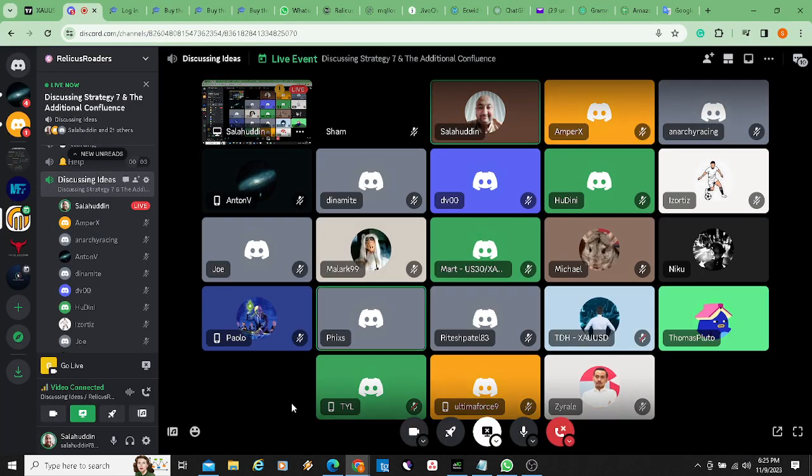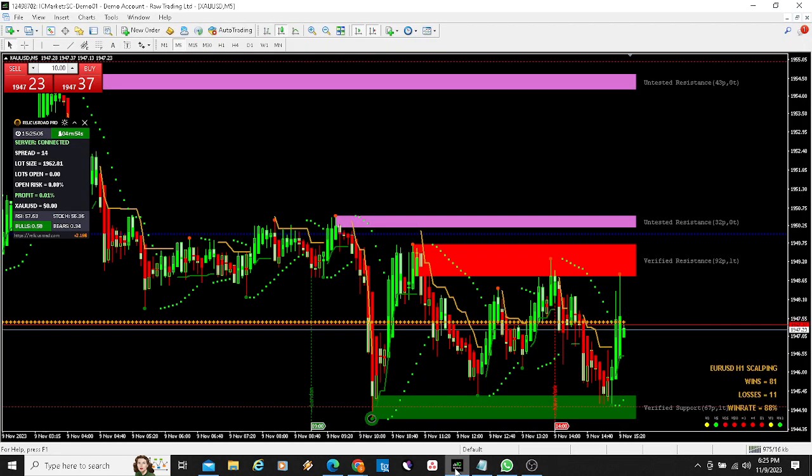Guys, I think we have some MT5 problem for the signal line if we are using the parabolic SAR, because my line didn't change color. It stays bearish all the time, where it's supposed to be changing green and brown, I think.